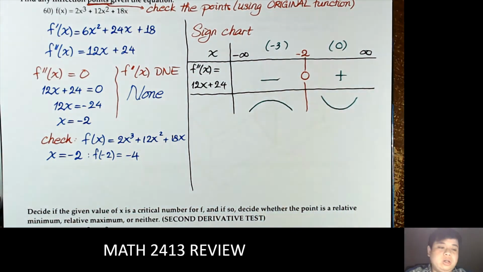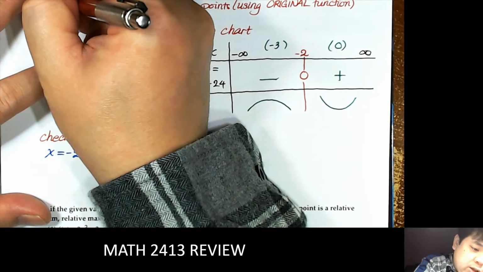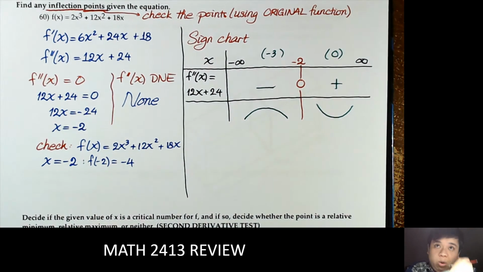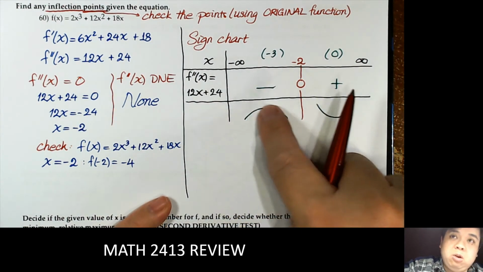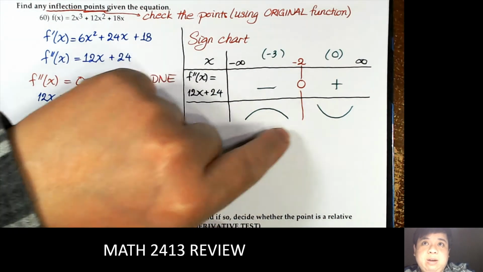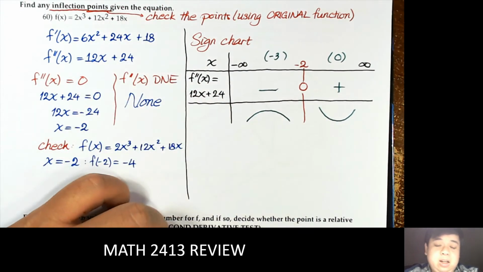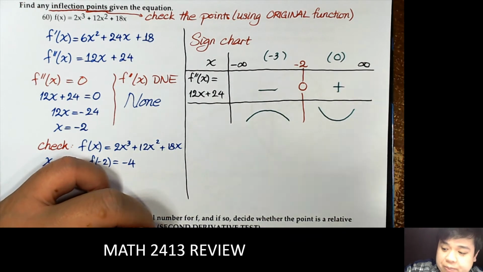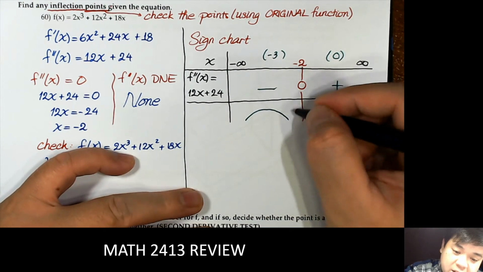Let's go back to the question. The question asks us for the inflection point. An inflection point is where the concavity changes, so from concave down to concave up, or from concave up to concave down. Regardless, we have to have a change in concavity. We have the change here at x equal to negative 2.